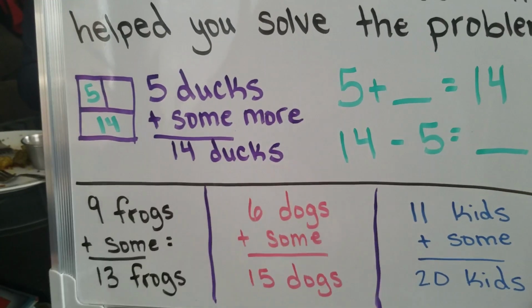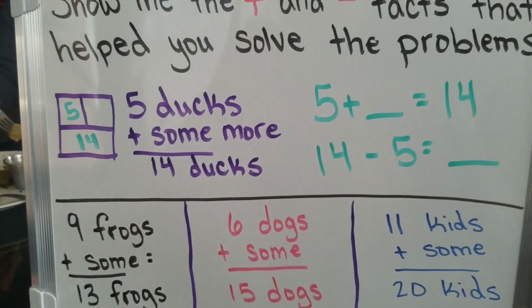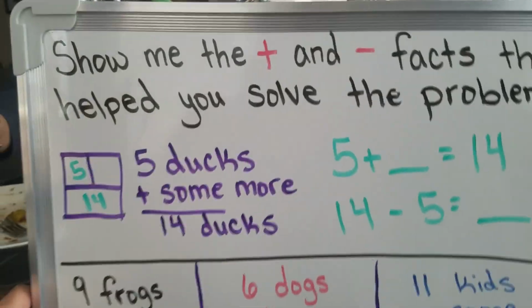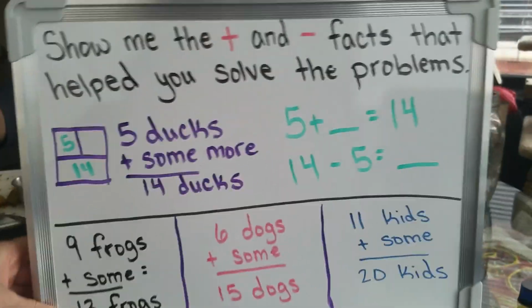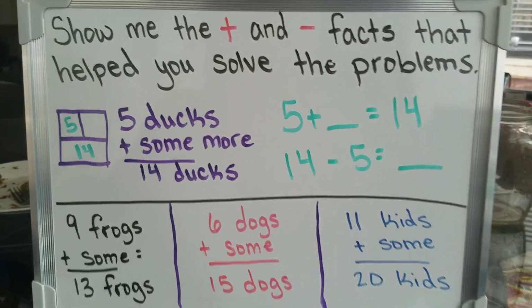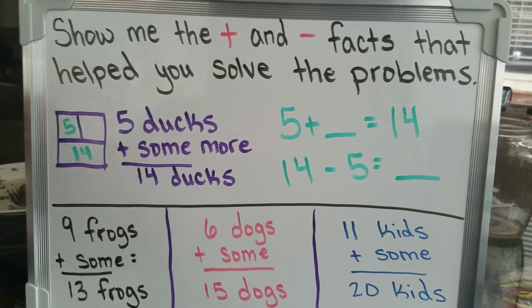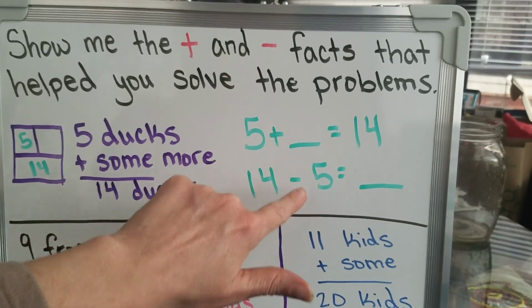So for the first problem, 5 ducks plus some more equals 14 ducks. I wrote out the problems for you so that you could see what I want you to do. So I put in a part and the whole, and I showed the 2 problems.